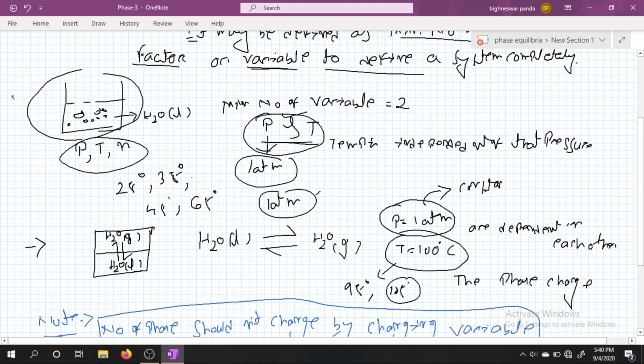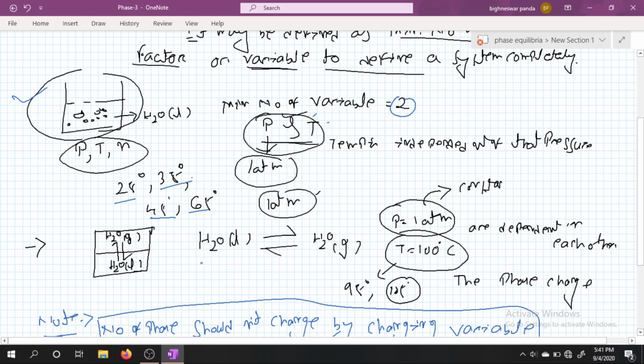Again, I am considering the first case. One water liquid is present. If pressure 1 atm is constant, then the water is in liquid state at 25, 35, 45 and 65 degrees Celsius. So here the minimum number of variables required is 2, pressure and temperature.